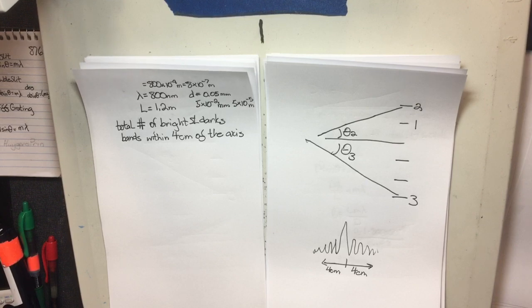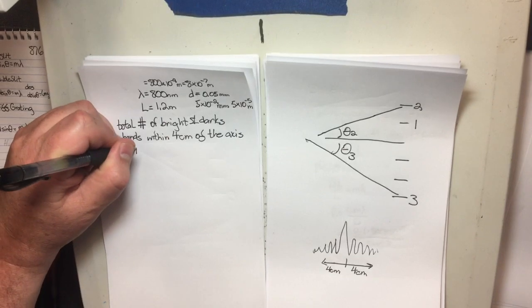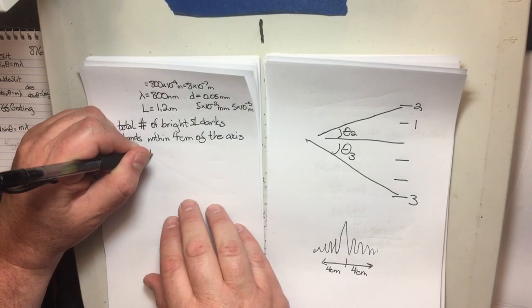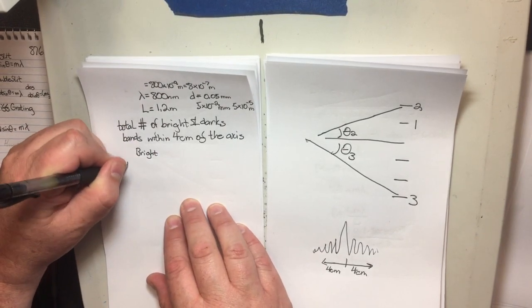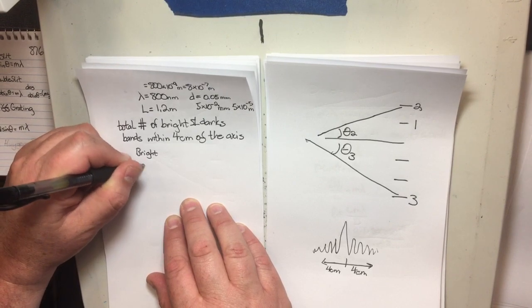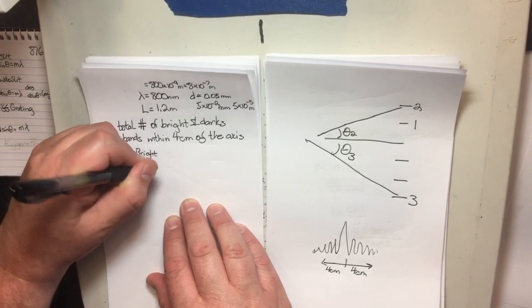Now what I'm going to do is solve for m for both bright and dark. For bright, it's d sine theta equals m lambda.